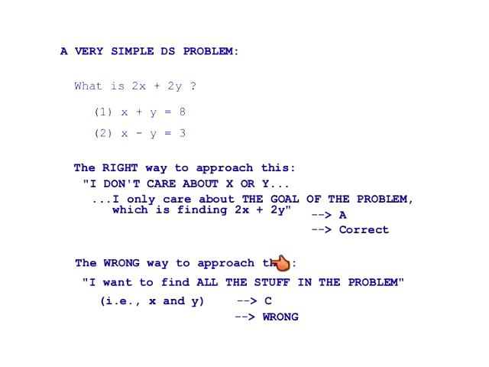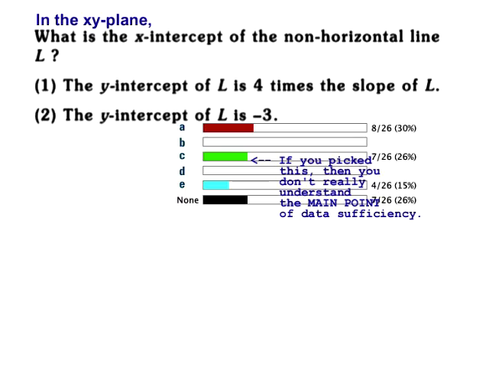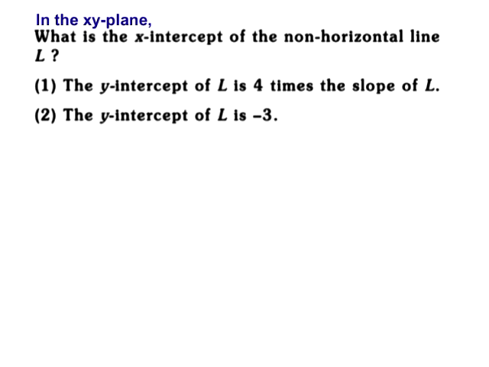So that's the whole point. Smiley face if this makes sense. You have to know exactly what the goal of the problem is. So the goal of this problem is to find the x-intercept of the line.